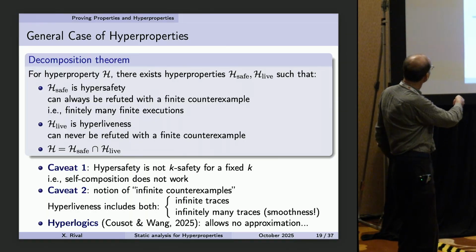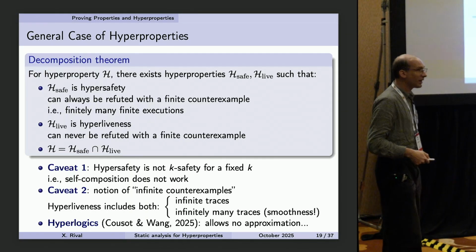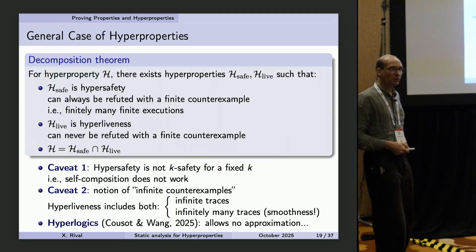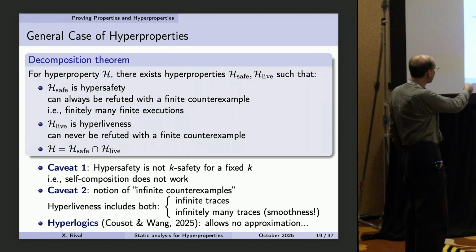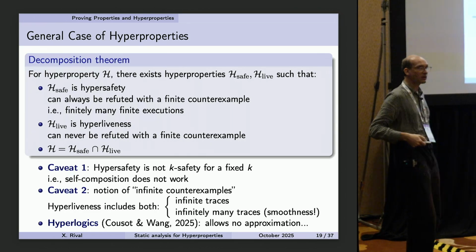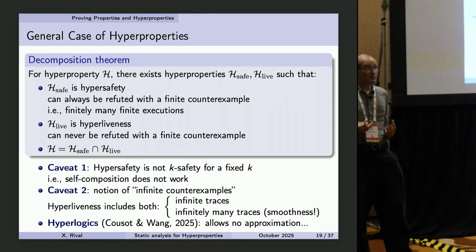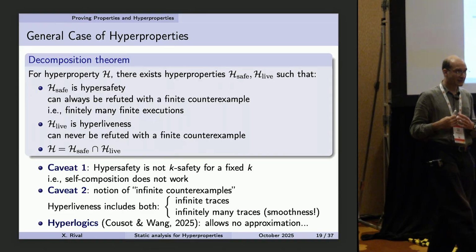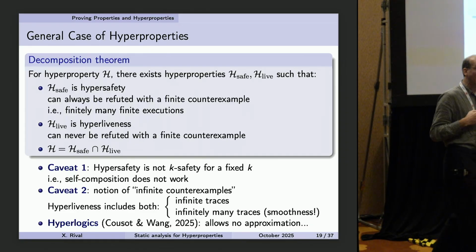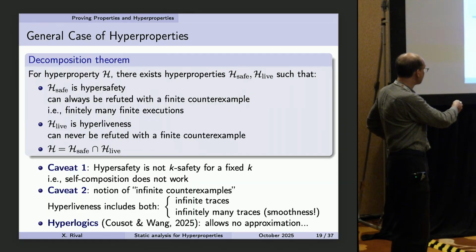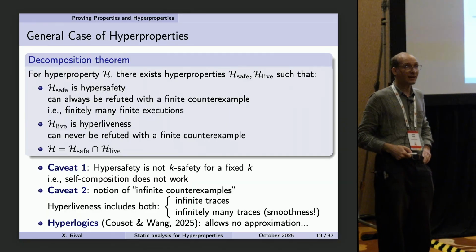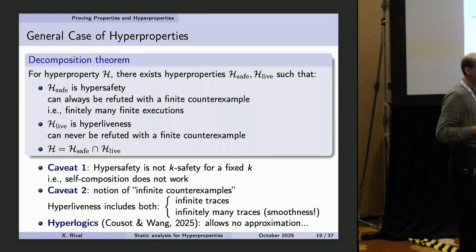If I give you any hyperproperty H, then you can decompose it into two hyperproperties that are respectively what is called hypersafety and hyperliveness. What are hypersafety and hyperliveness? Hypersafety is essentially any hyperproperty that can always be refuted with a finite counterexample. Finite counterexample means finitely many finite executions.